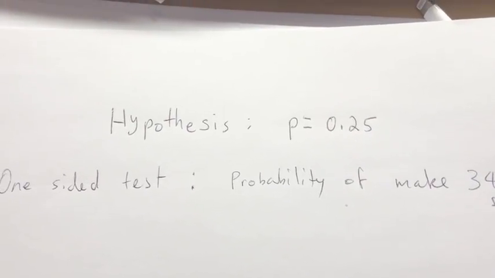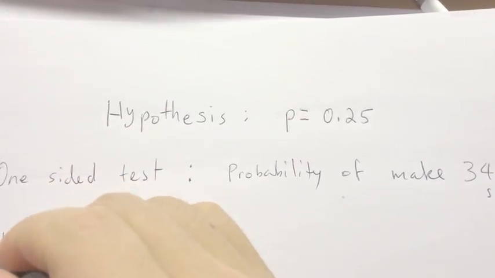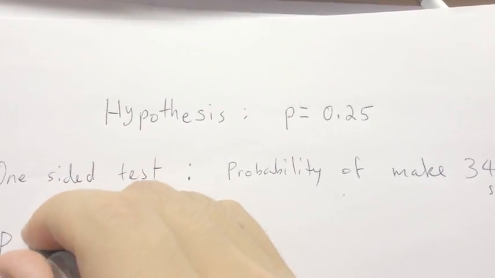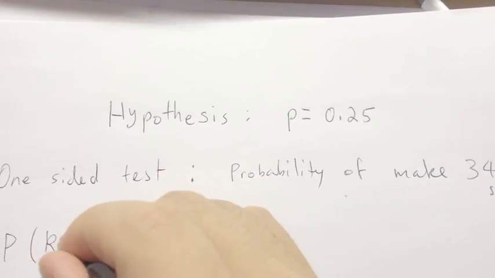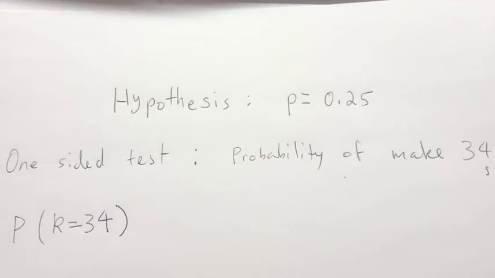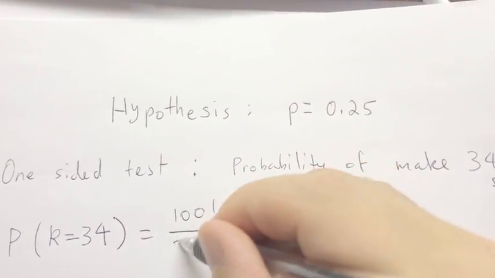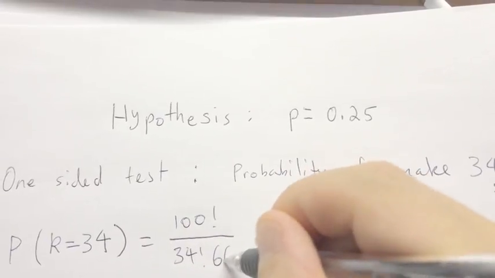And the probability of making 34, remember, so let's call it k equals 34, is given by 100 factorial on 34 factorial times 66 factorial.